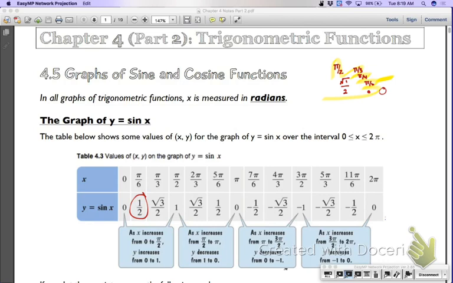Same way when we went to pi over 3, we did the square root of 3 over 2. The big one we don't use when we deal with the graph is pi over 4, but it's always the square root of 2 over 2. It's just a matter of whether it's positive or negative.